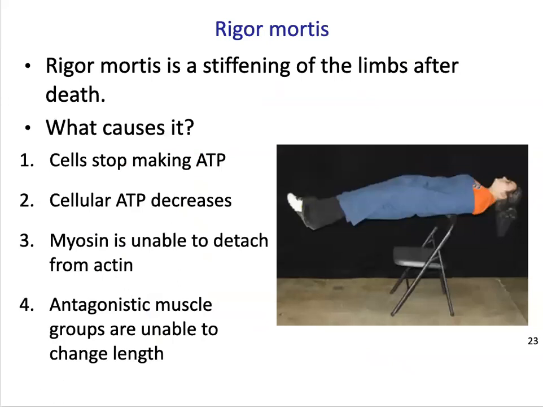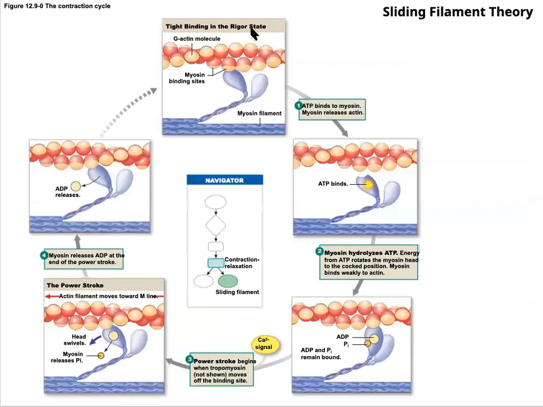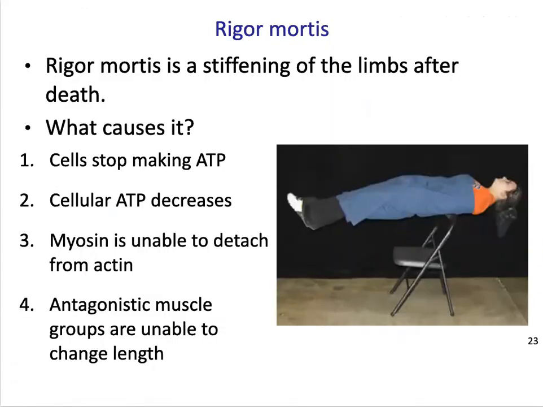So rigor mortis is basically a prolonged period of the rigor state, and this happens when we die. Rigor mortis is the stiffening of the limbs after we die, and the cause for it is our cells are unable to carry out cellular respiration and are no longer generating ATP.